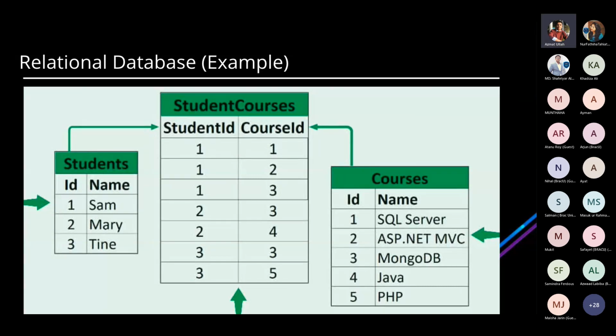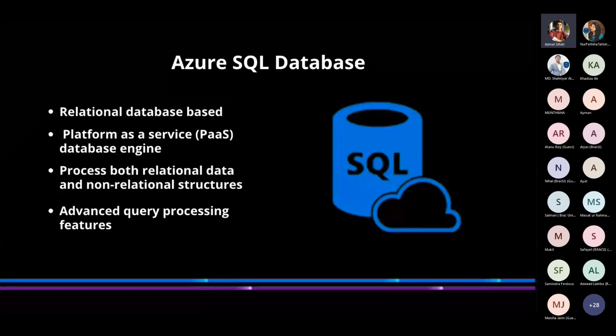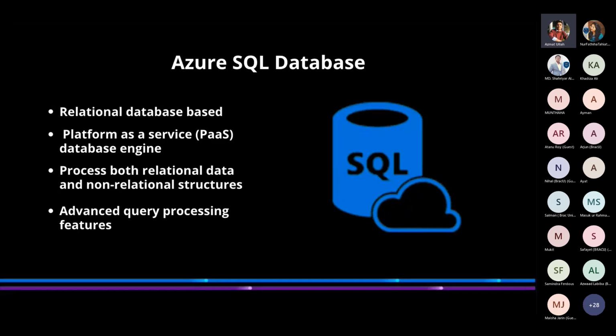So now moving on to Azure SQL Databases. Azure SQL Database is a relational database based on the latest stable version of the Microsoft SQL Server database engine. SQL Database is a high-performance, reliable, fully managed, and secure database. You can use it to build data-driven applications and websites in the programming language of your choice without needing to manage infrastructure.